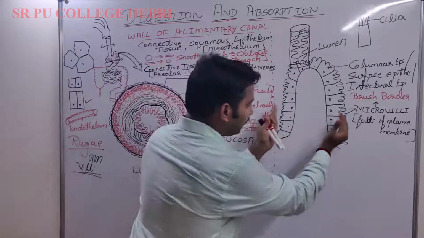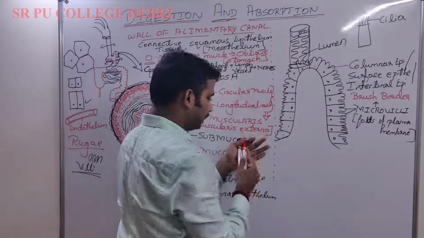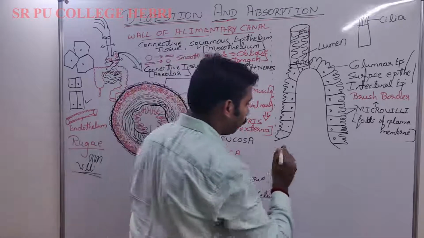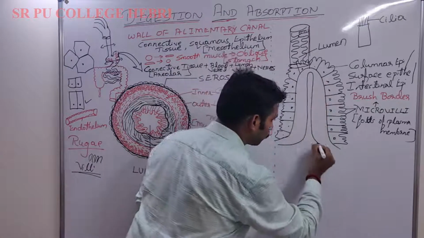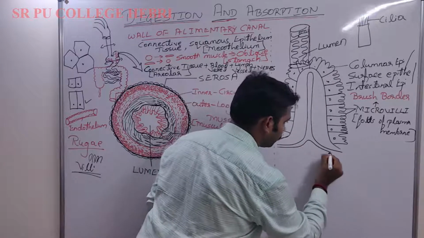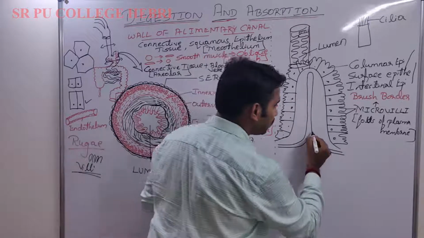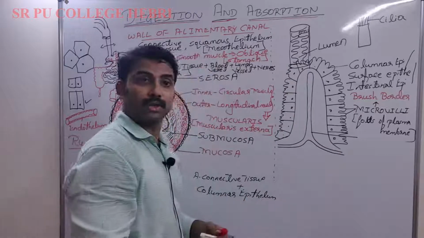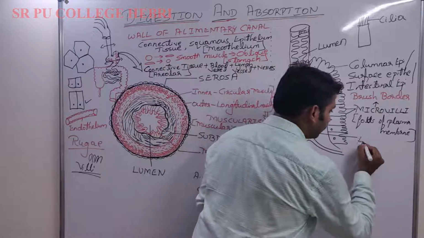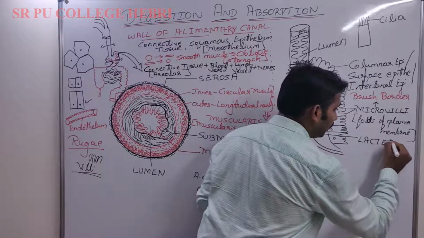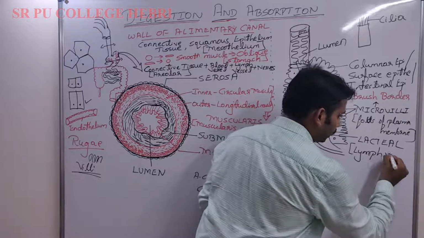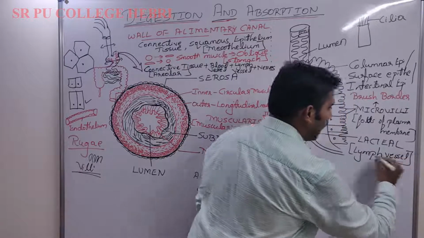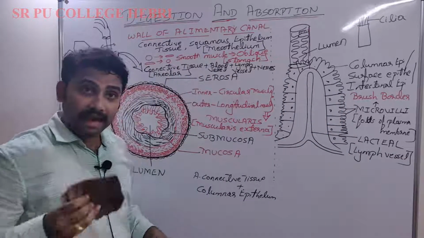Absorption. Now, inside the villi, you will find one vessel. Which vessel? This vessel is the lymph vessel, and the lymph vessel is called lacteal. Don't worry, I will explain. What is that vessel called? Lymph vessel, and the lymph vessel is called lacteal.